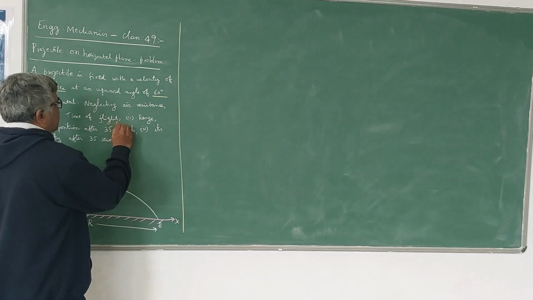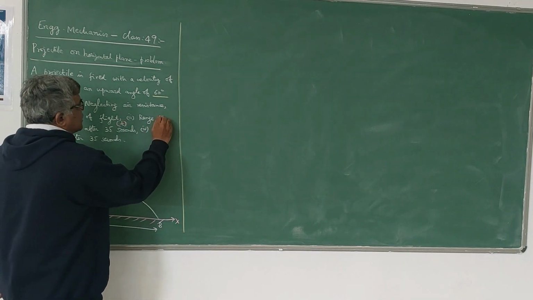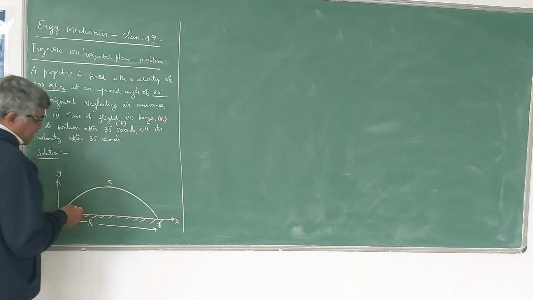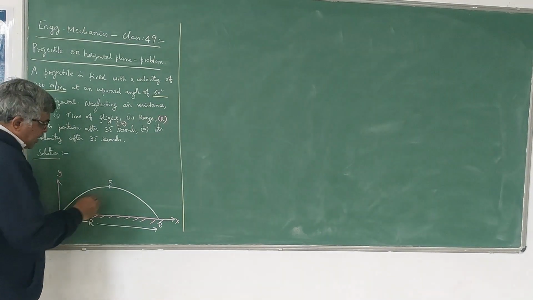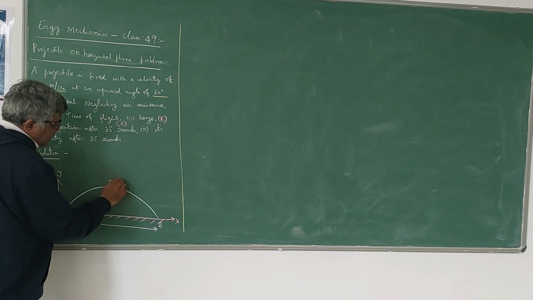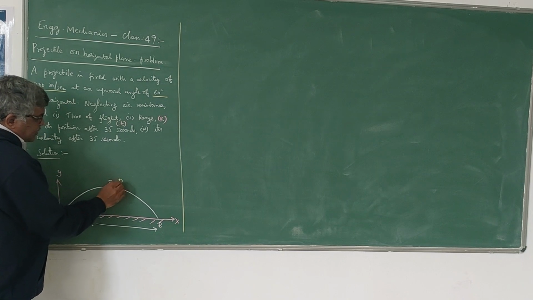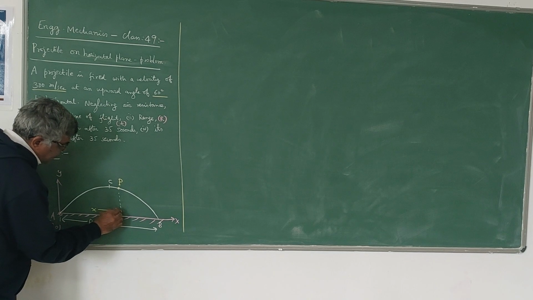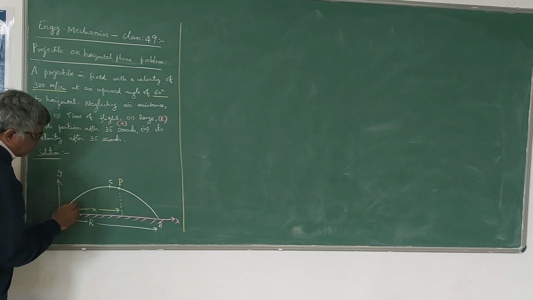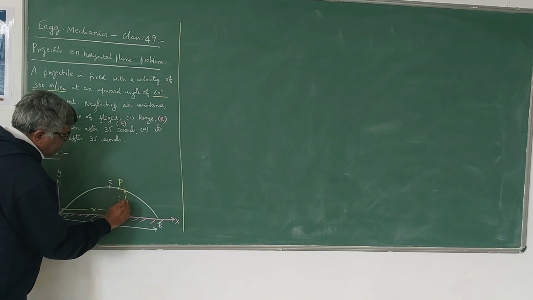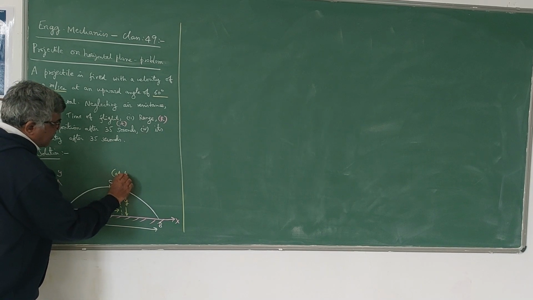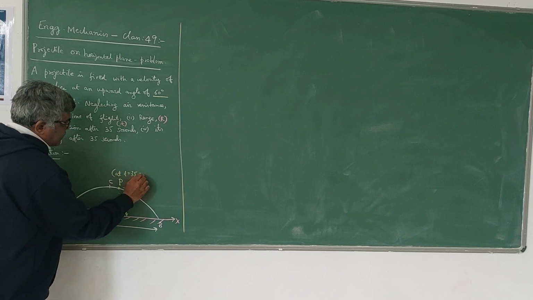So time of flight I am going to take as T, range is R, then its position after 35 seconds means it may be somewhere here after 35 seconds, let us say at this point P. So position means I need to find the x and y coordinates of this point P at t equal to 35 seconds.